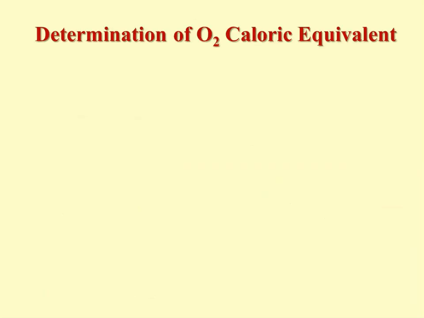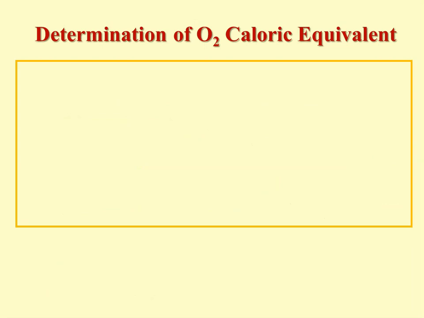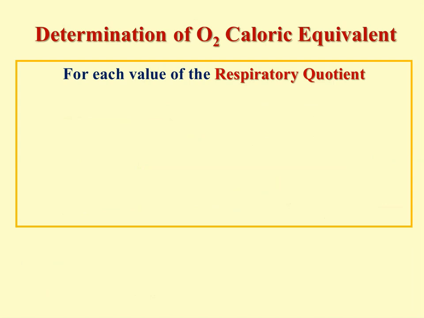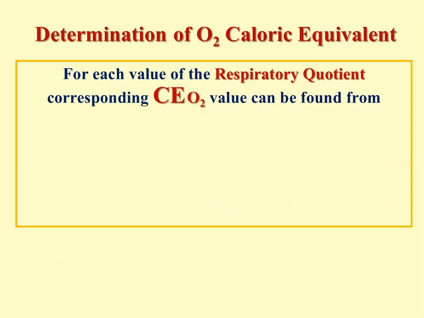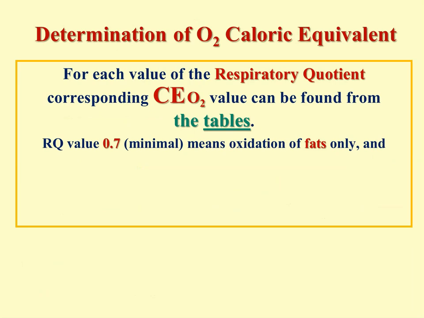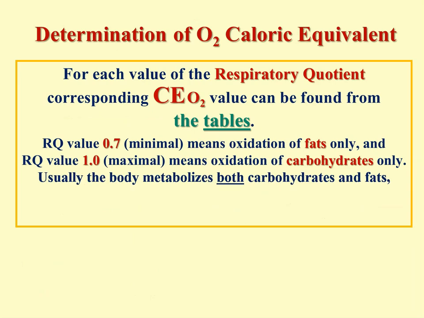As a result, there are numerous tables already developed, so we need not even calculate these. For each value of the respiratory quotient, we can find in the tables the corresponding value of the caloric equivalent of oxygen.